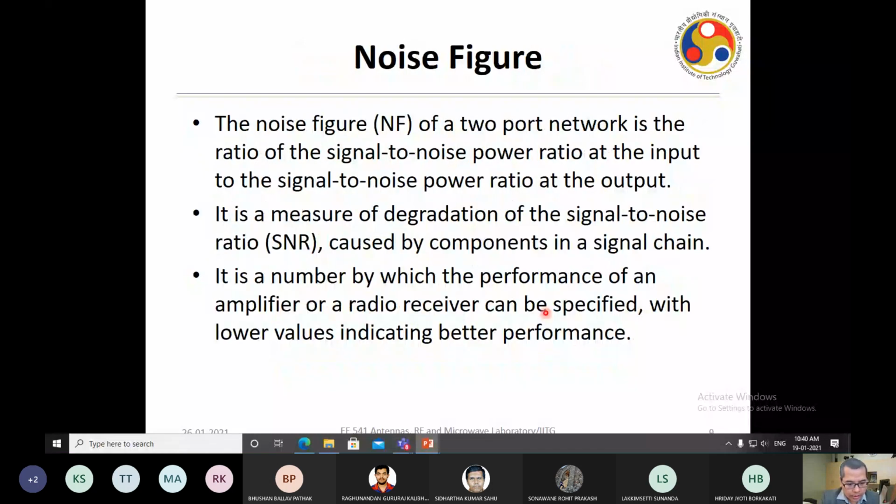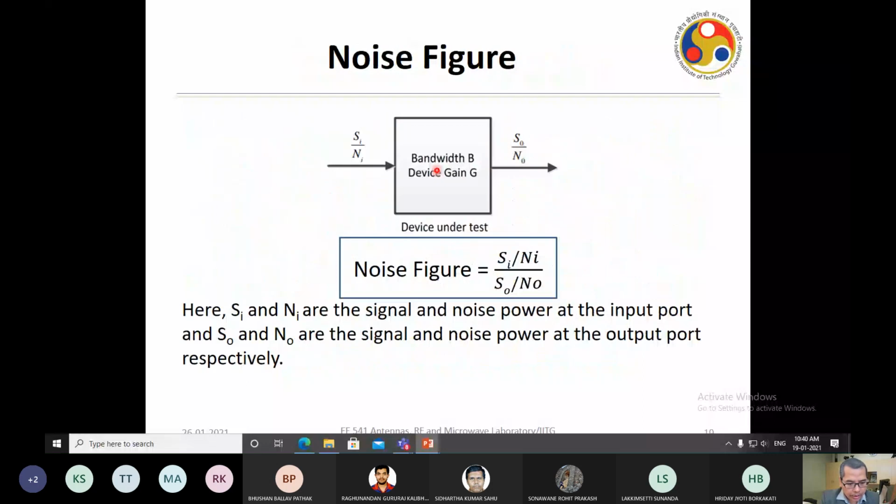Noise figure is defined as, let's say, using this diagram here. Let's say there's a device here. You know the signal to noise ratio at the input and the signal to noise ratio at the output. So SI is the signal power at the input, NI is the noise power at the input, SO is the signal power at the output, and NO is the noise power at the output. If you know the signal to noise ratio at the output and input, you take the ratio of those two. That's what we call noise figure.